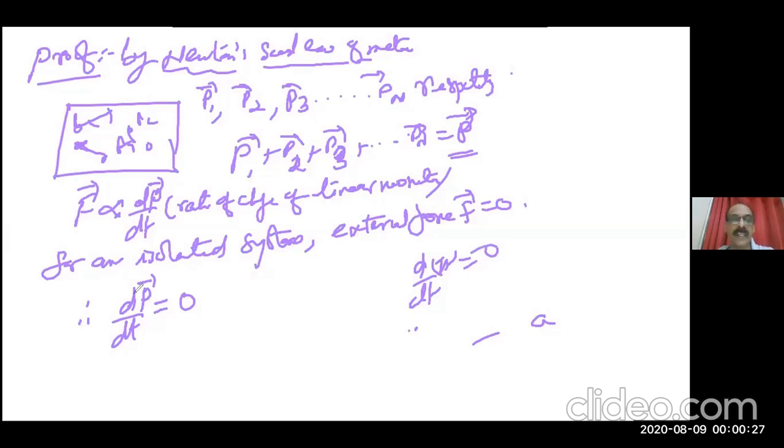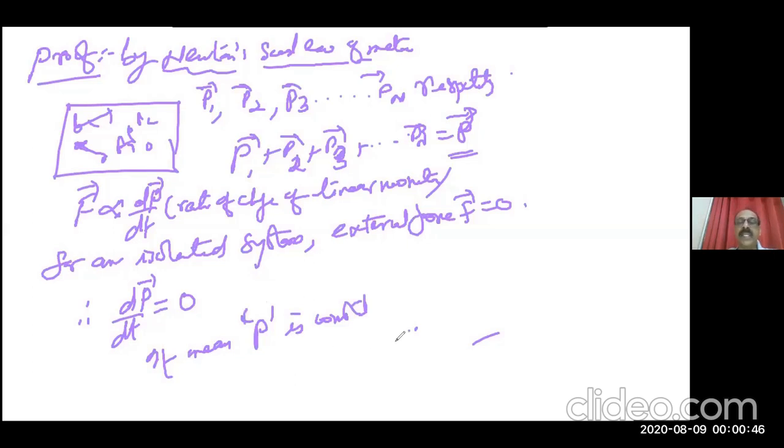That means rate of change of p is 0, so here p must be a constant. It means the value of p is not changing. Okay, right now. D by dt of p is equal to 0. It means p is constant.